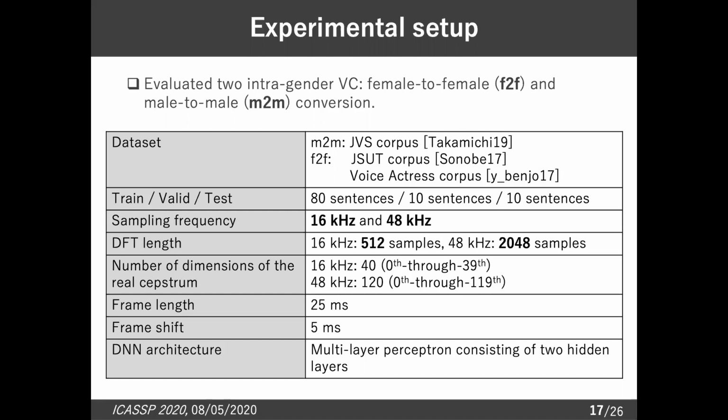Those in M to M conversion were stored in the JVS corpus. We used narrowband 16 kHz speech and full-band 48 kHz speech for the evaluation. The DFT length was 512 samples in the narrowband case and 2048 samples in the full-band case. The DNN architecture of the acoustic model was a multi-layer perceptron consisting of two hidden layers.